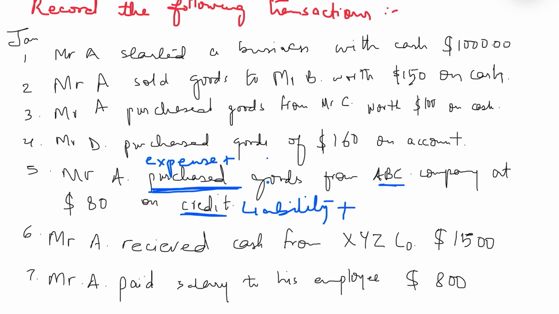Now on January 6th, Mr. A received cash from XYZ company $1,500. Now Mr. A has received cash. It means there is some income.